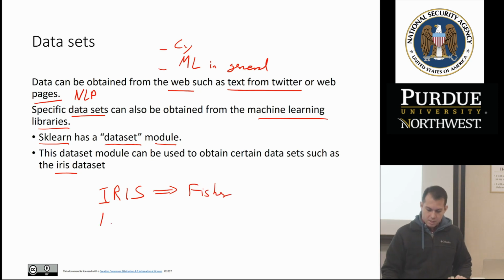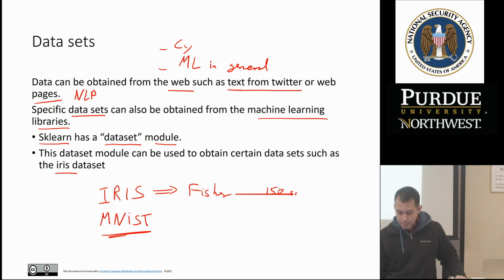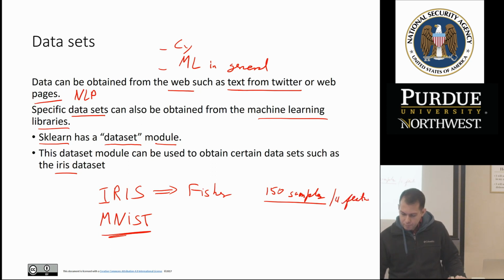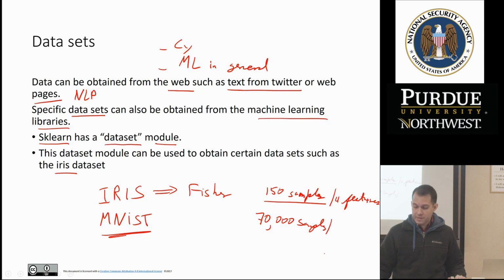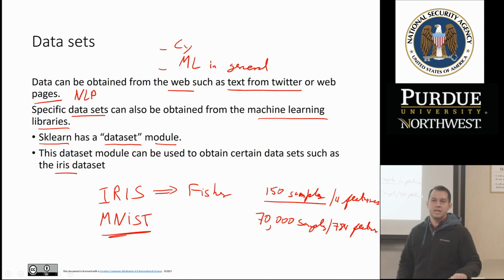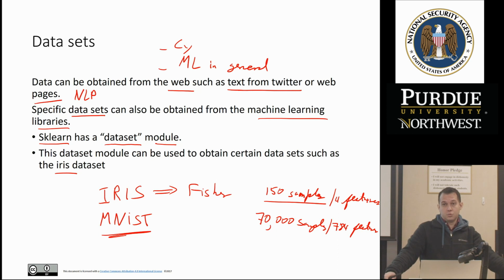Or there's also MNIST, which is another common dataset, more useful for big data, because whereas Iris only has 150 samples and 4 features, MNIST has about 70,000 samples, and it has 784 features. All right, so in terms of something that is big data, this is a little bit more useful.